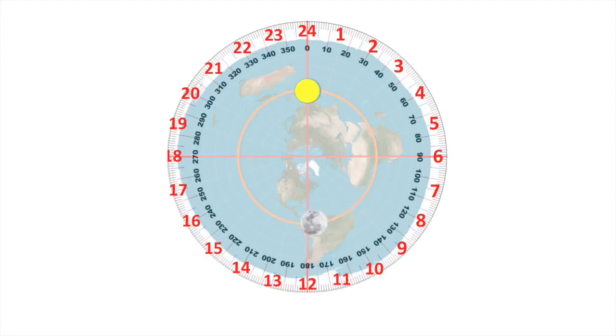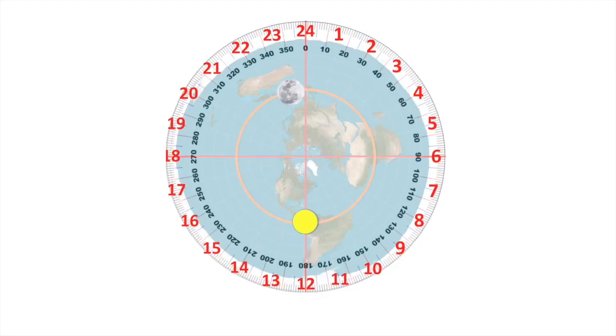And by the time the sun gets back to its original position at 12 noon, after one full day has gone by, the moon has lost 12 degrees on the sun. And this happens every day. And this loss of 12 degrees per day is what's going to cause the phases of the moon.